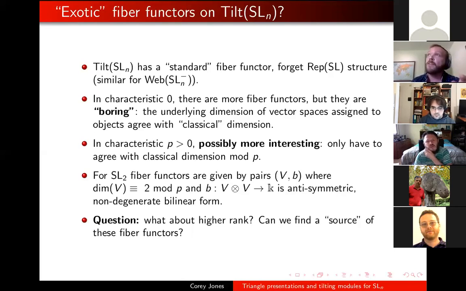Well, but you have to assign, remember, I'm talking about this web category. So the trivalent vertex, or the cap, has to get assigned to something. The cup has to get assigned to something, and when you compose them, it has to equal 2 in both. Yes. But what I'm saying is that this cup should be assigned to some bilinear form, a non-trivial bilinear form, not symmetric, not anti-symmetric.